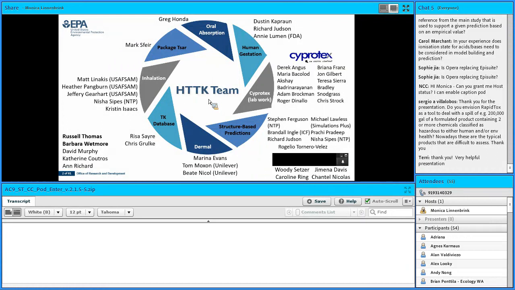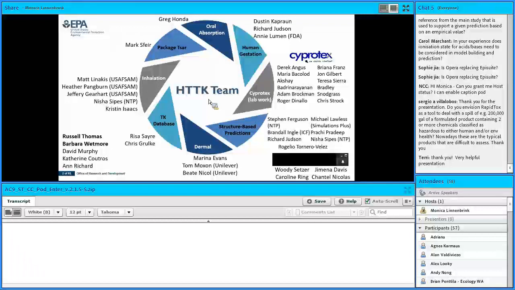I'm actually going to show this slide twice. This work on the HTTK package is the result of a very large team. Most notably in the lower left, there's Rusty Thomas and Barbara Wetmore, who got the adapting in vitro methods for environmental toxicokinetics going almost 10 years ago now.